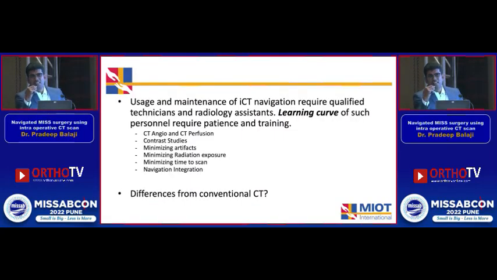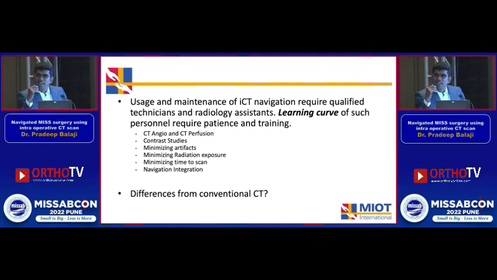Another problem we had was training our radiology assistants and technicians. In fact, we are also getting trained along with them because there is a basic difference between an intraoperative CT and a conventional CT. In conventional CT, the gantry remains stationary while the patient and the table move. Here, the patient remains stationary, and they have to give the contrast and move the gantry according to the need.